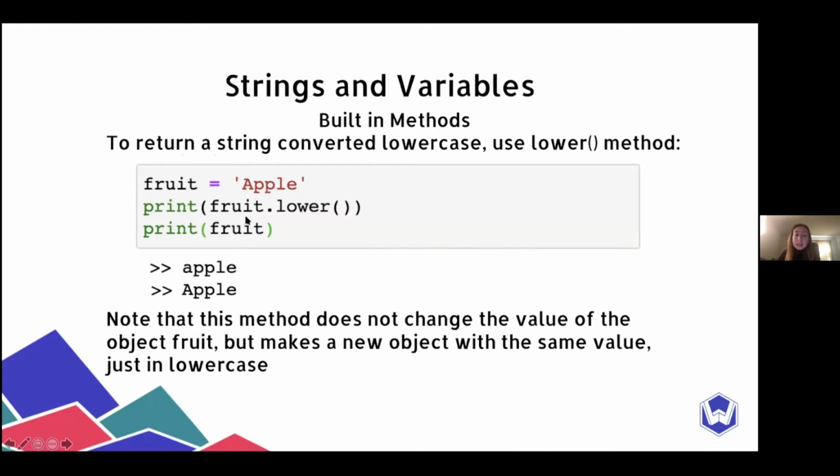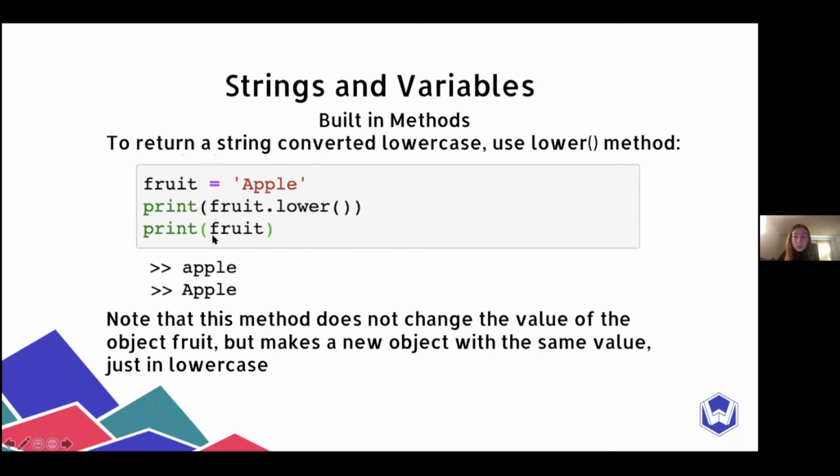And that takes in the string apple and converts everything to lowercase. So it prints out the lowercase a despite the fact that we defined it with an uppercase A. But it's important to note that this is returning a new value. It's returning something different, so it's not actually changing the original value of what we put into fruit.